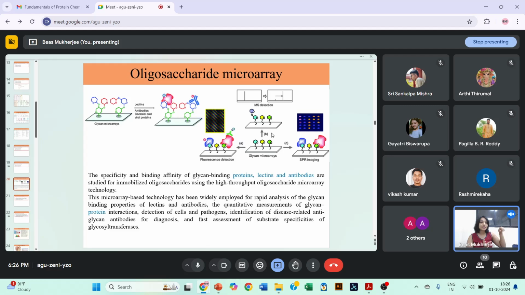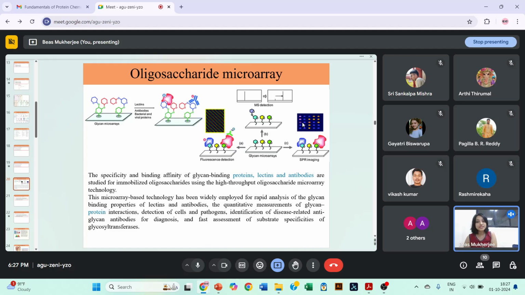The proteins can be labeled with fluorescent. Okay, so the proteins are added, and then after that, you can have maybe antibodies that are fluorescently labeled, and they will detect those proteins, right? There can also be mass spectrometric detection to get the sequence of the proteins that are binding, and then there can be SPR imaging. From there you can actually know about the different binding interactions and the KD values as well, right?